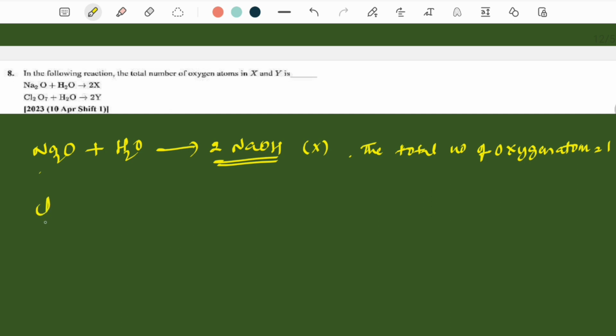Coming to the next equation, Cl2O7 plus H2O gives 2 HClO4, which is Y. In this equation, there are 2 HClO4 molecules.